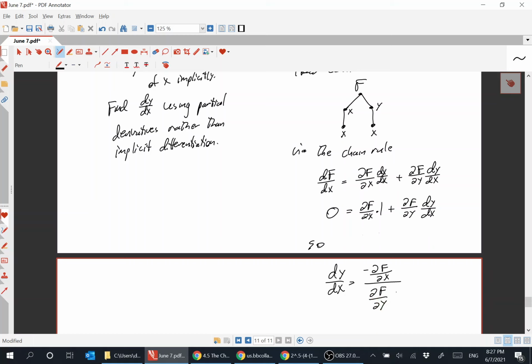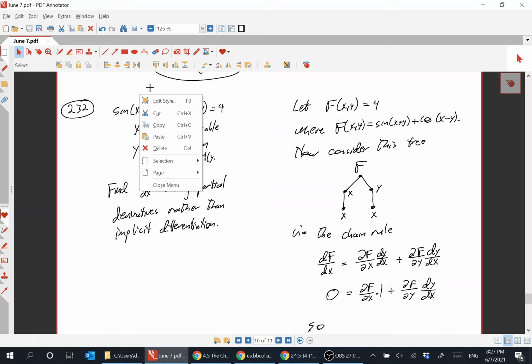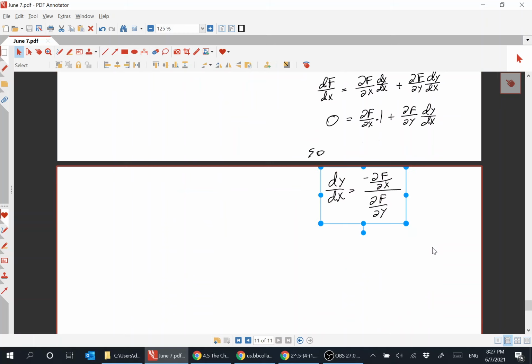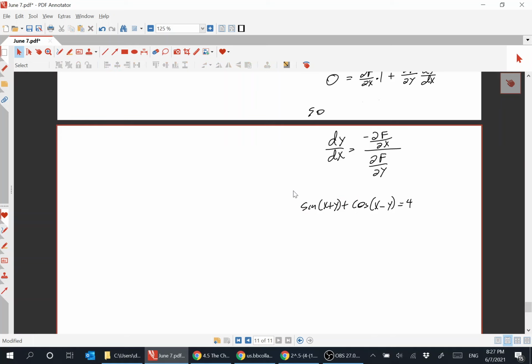That's pretty neat, right? So that implicit differentiation bit that we do in Calc 1, you know, it's not quite so elegant. But here, oh, that's pretty elegant, right? So here, right, we had this. This is capital F of x, y.